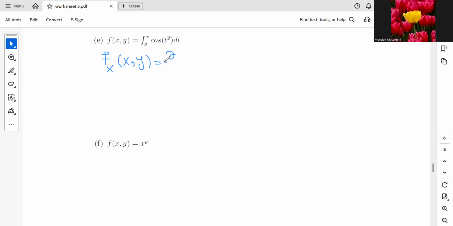It means that you're finding the derivative with respect to x of this integral. And that theorem says that you're going to change the variable to whatever you have here, which is cosine of x squared times the derivative of whatever you have here, which is 1, and you would have cosine of x squared here.